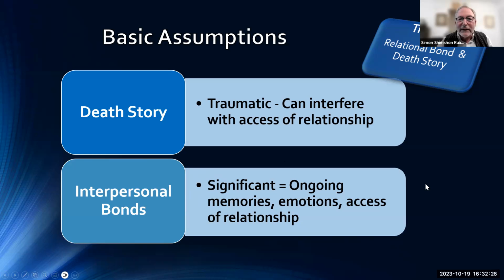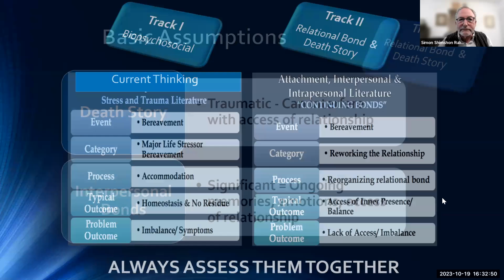But certainly the first days and early weeks are not so easy, and certainly in tragic times such as war, or acts of horrific deaths, as we've seen in Israel on October 7th, the death story can interfere with the ability to remember the person who died in a supportive, important way.